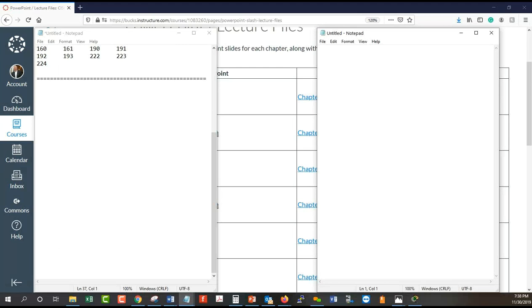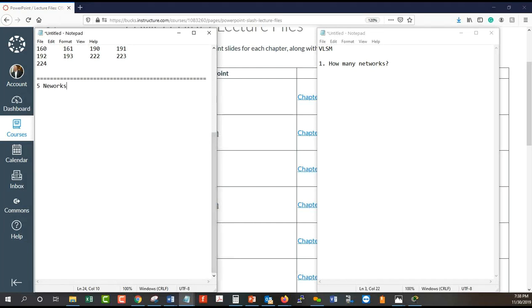So whenever you're doing VLSM, the first thing that you want to do is ask the question, how many networks? Okay. And I'm going to simply tell you that there are going to be 5 networks in this problem.